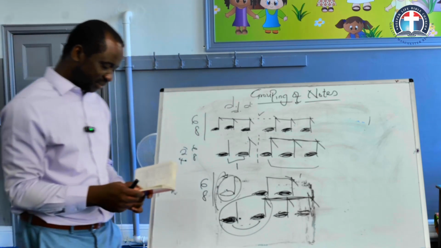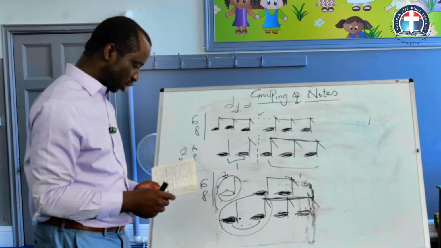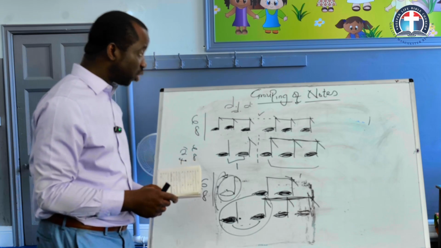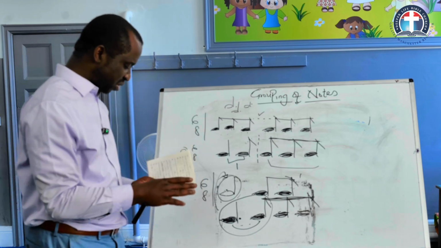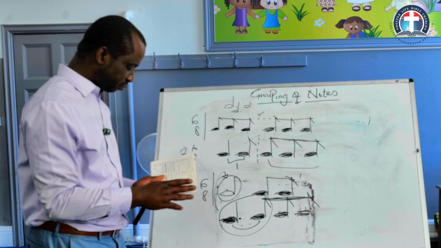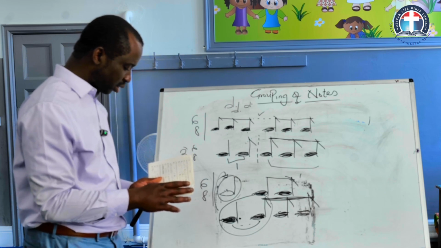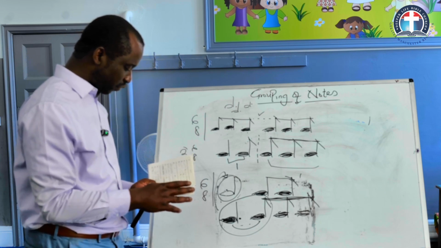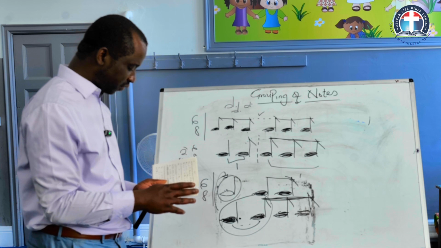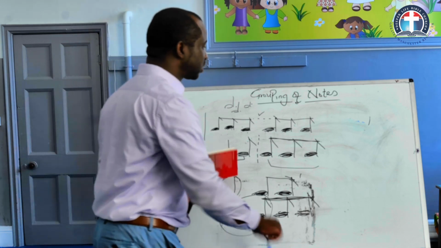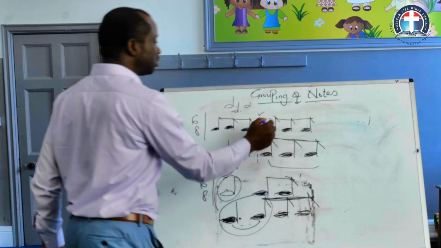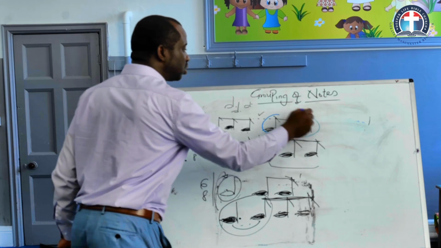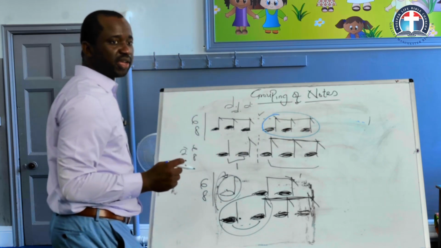Okay. Then the last thing I want to talk about is grouping of rests. In grouping of rests, if you have a silent beat, let's assume this is a beat, right? Let's assume this beat is a rest.